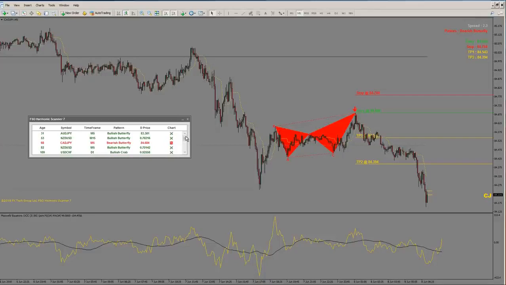Patterns you will see only, of course, if they appear. If the market is flat right now, now we have June, it's the summer gap. It happens every year around June, July, August that the market is flat compared to the beginning of the year and around the end of the year.